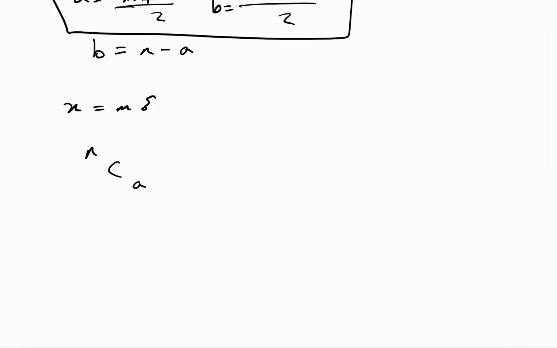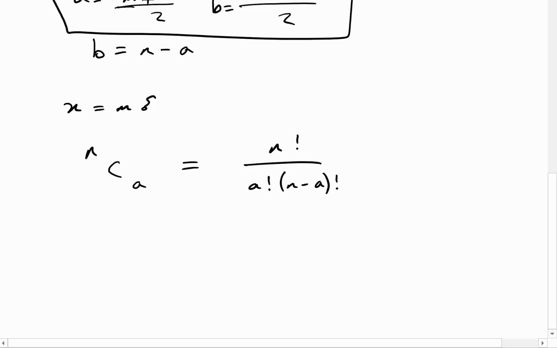And there is a formula for this. It's basically n factorial over a factorial times (n minus a) factorial. Okay, so there is a formula for that.